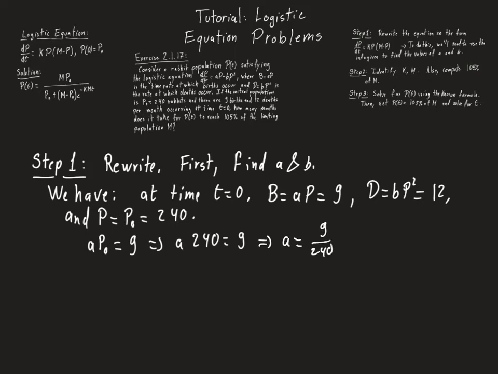Getting small numbers like these is expected. Don't freak out if you see some pretty small numbers. You're still doing fine. Now we also have that b times p0 squared is equal to 12.